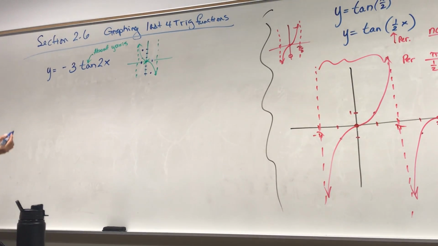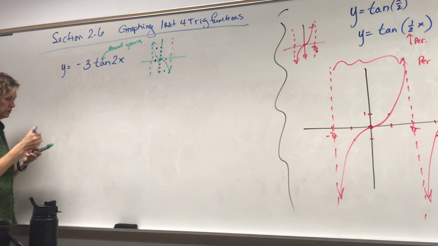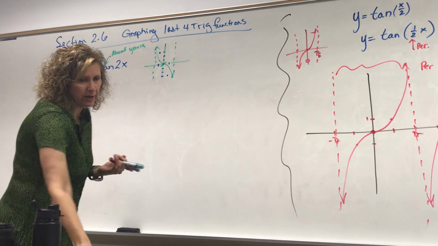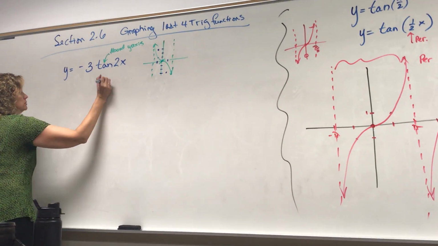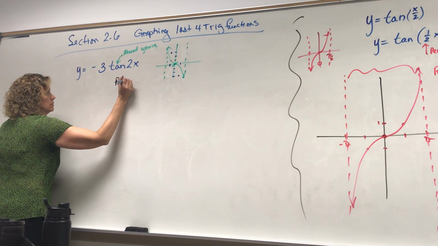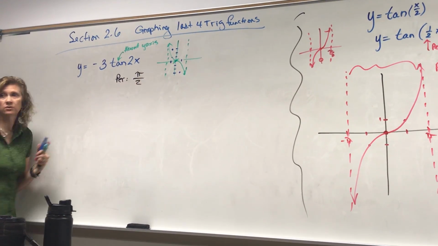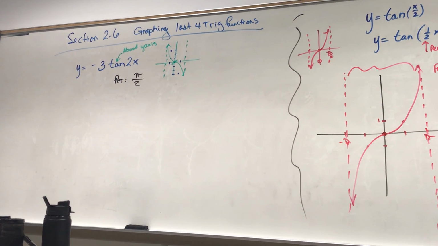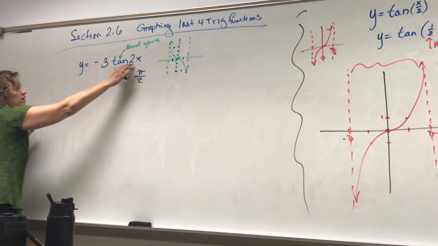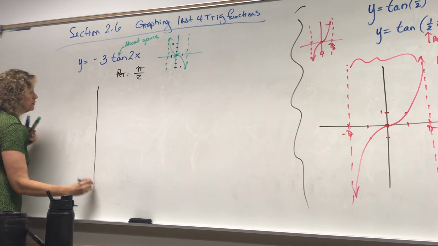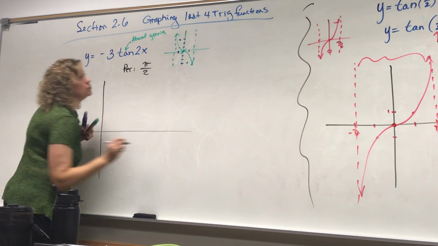All right, so period. Let's talk about that. What am I going to do to figure out how long the period length is? Pi over the normal period length. The normal period for tangent is pi. Now I'm going to divide it by that coefficient, so pi over 2. And then what do I have to make sure I remember to do with pi over 2?